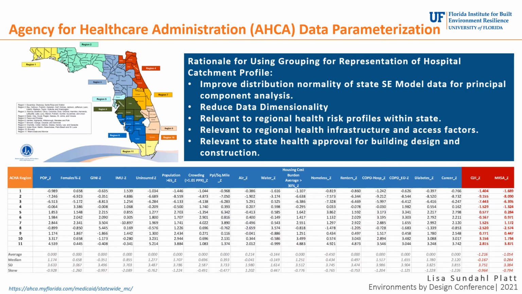The Florida Agency for Healthcare Administration, or AHCA, Healthcare Region Delineation, was used to build a regionally relevant data frame that represented an adequate amount of data points of the parsed socio-ecological factors.